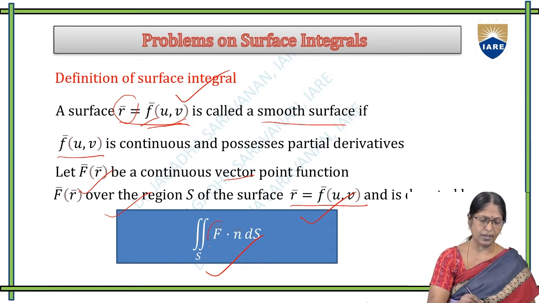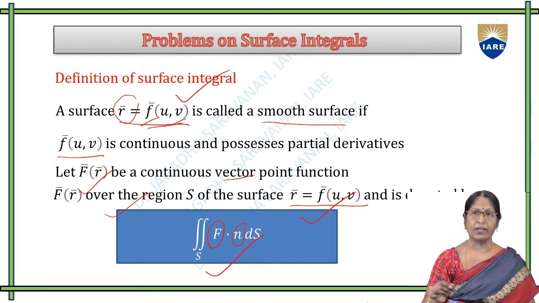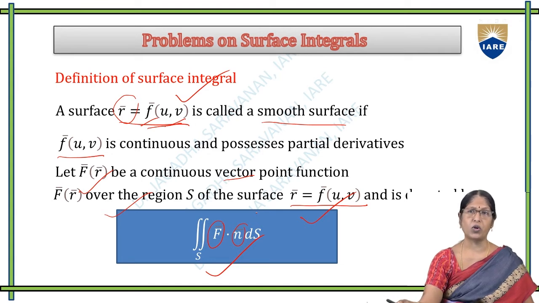Here F is the vector point function, and n is the unit normal vector which is perpendicular to our surface.